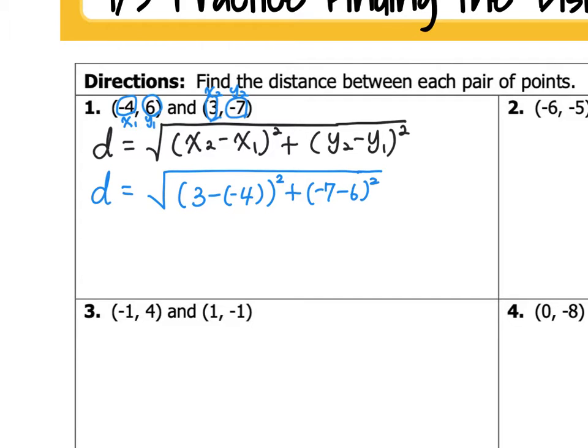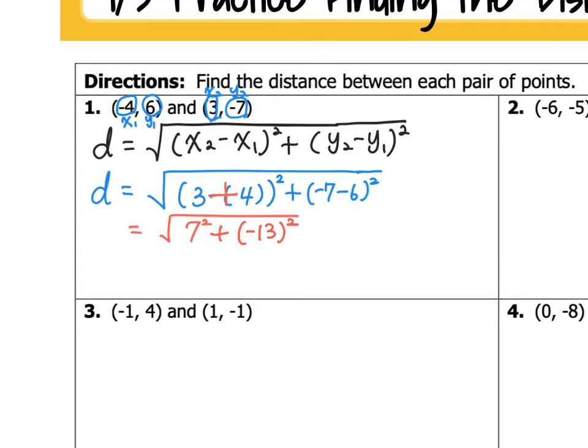So let's calculate. Negative becomes, that's right, positive. So this will be the square root of 7 squared plus negative 7 minus 6, that will be negative 13 squared.